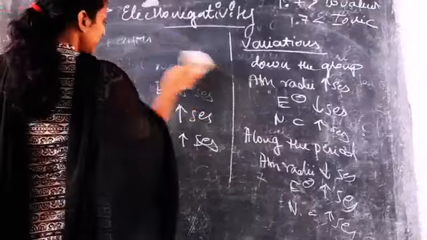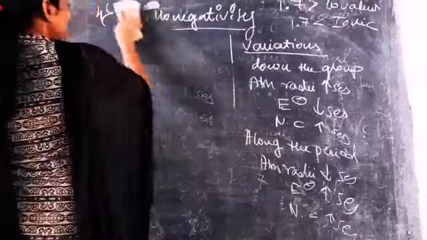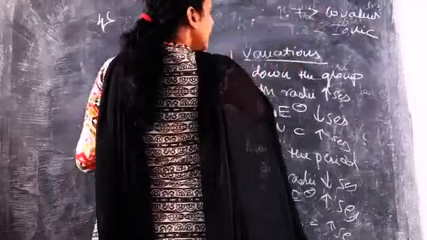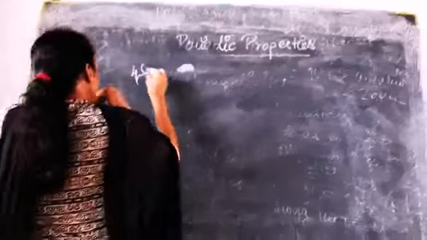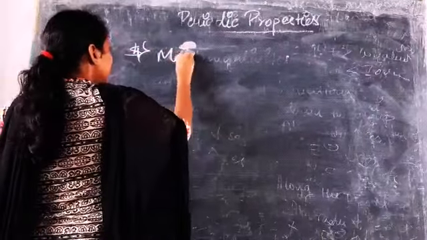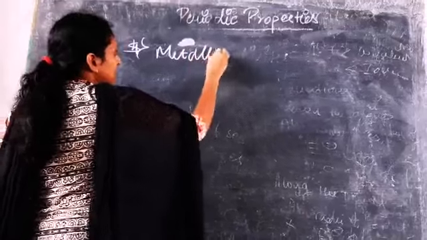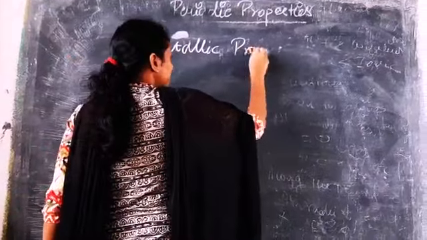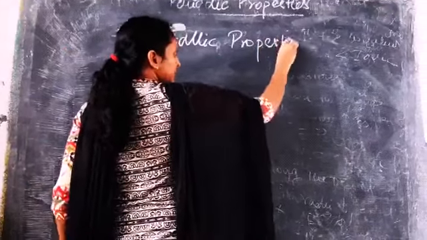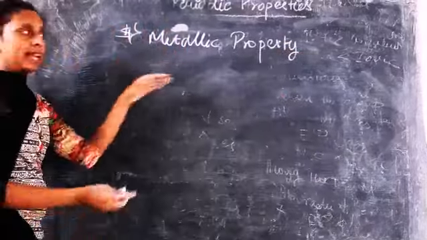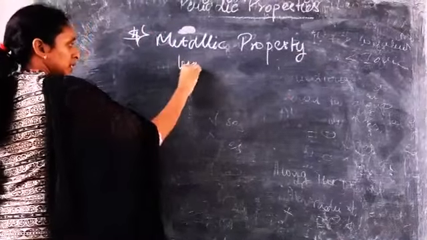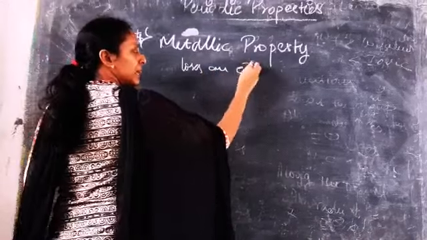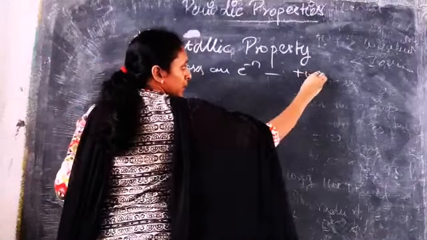Next factor is the metallic property and non-metallic property. Metallic property is the property of a metal which loses an electron and becomes positive.